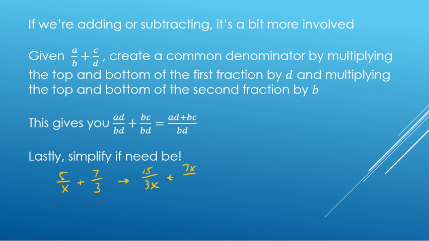So 7x divided by 3x. And now the bottoms are the same. I can add these things up, and I have 15 plus 7x, all divided by 3x. So nothing too crazy happening there, pretty basic.